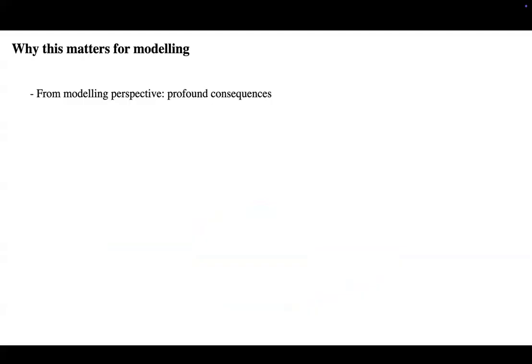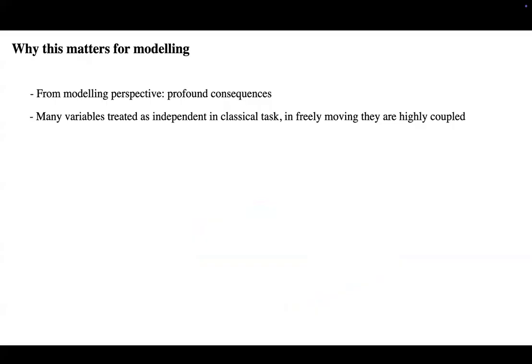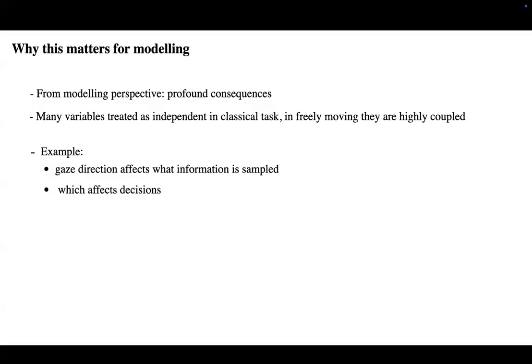And why this matters for modeling. From the modeling perspective, it does have quite some consequences. Many variables are treated so far as independent in classical tasks, but in freely moving, they become highly coupled. For example, gaze direction would affect what information is sampled, and that would be temporally completely separated in classical tasks, because you would have some direction, then you would get information, then you can move your gaze again, and only then you have to stop and the information will come in.